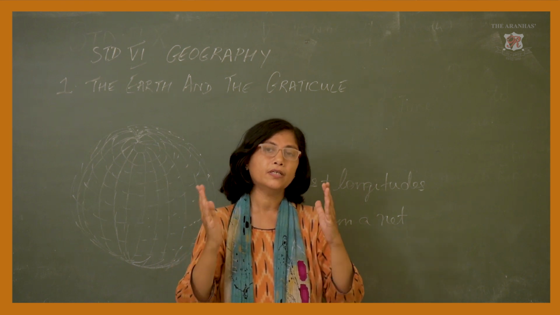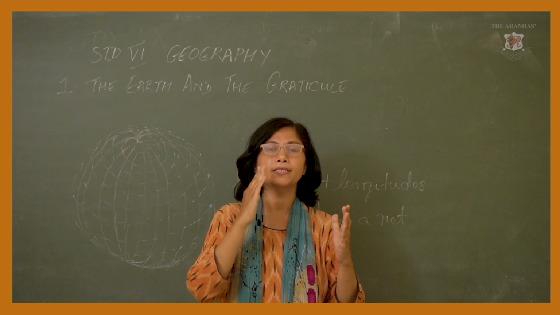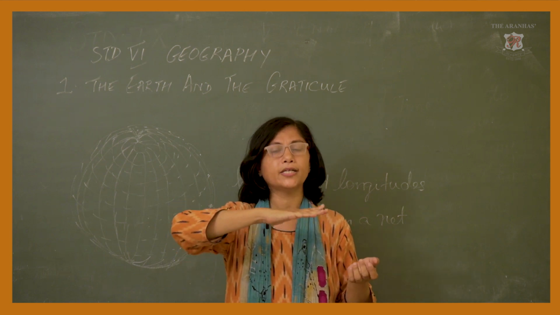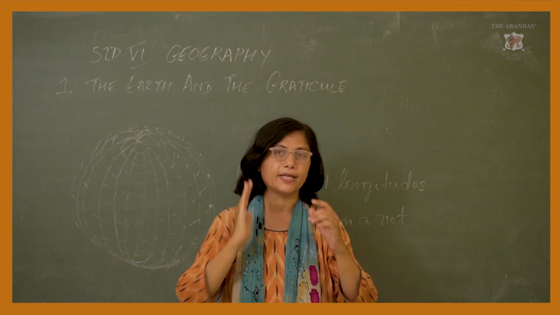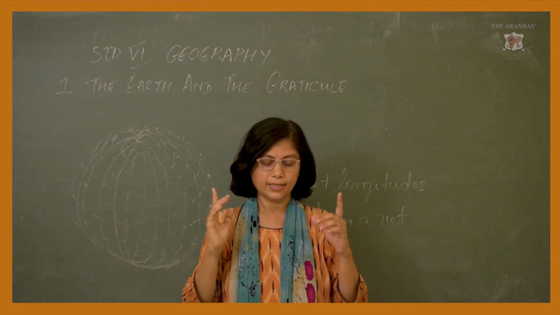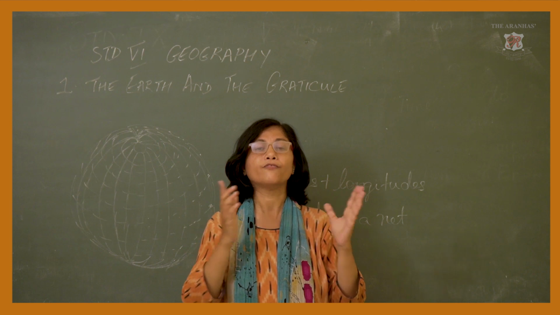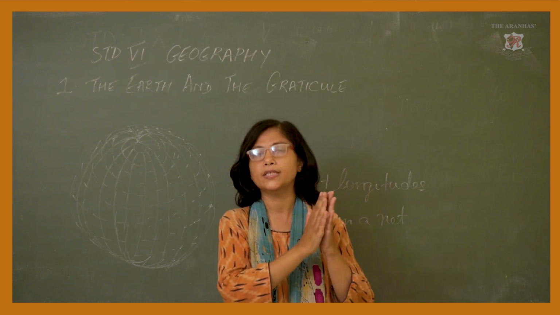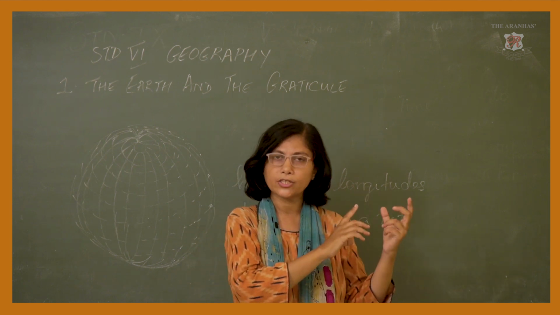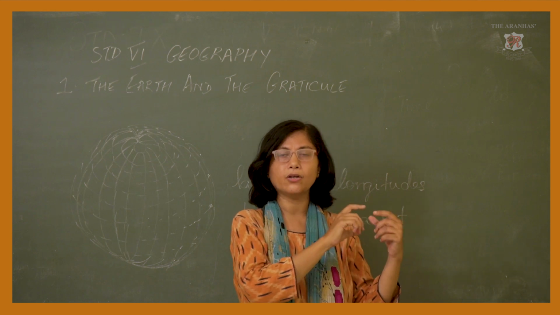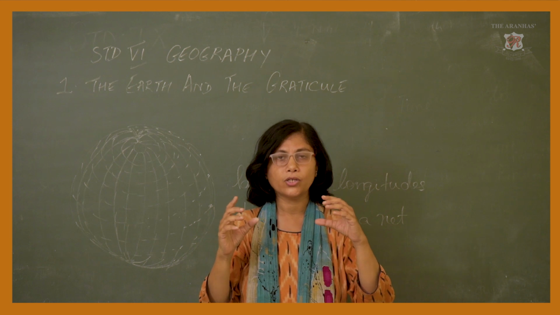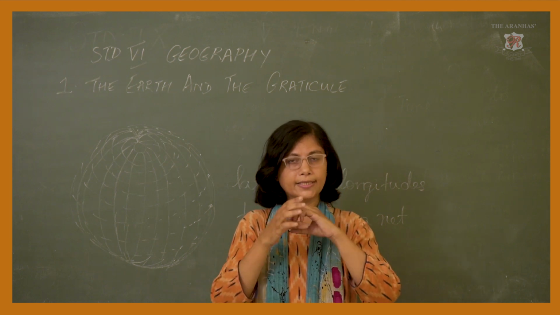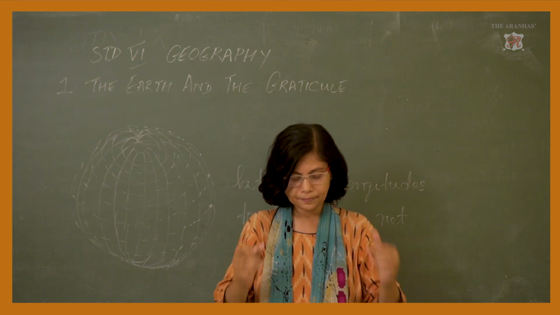Then we saw the prime meridian. Just as the equator divides it into northern and southern, the prime meridian divides into eastern and western, and the angular distance from the prime meridian gives us the longitudes. The intersection of these latitudes and longitudes forms a net, that is called a graticule. This gives us the exact location of a place.